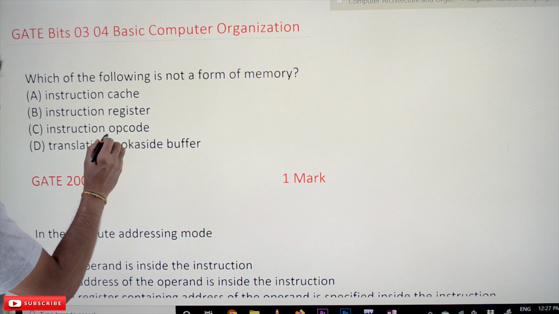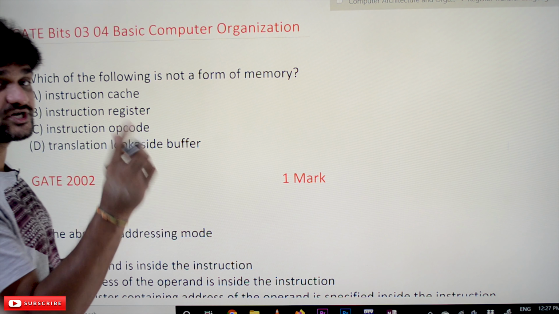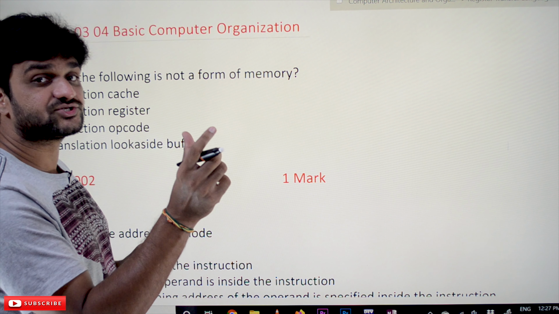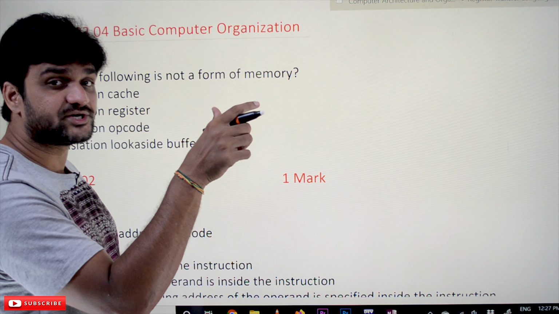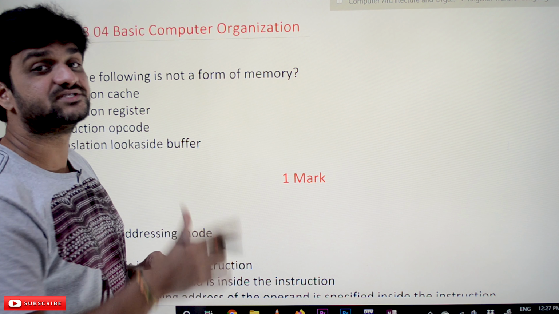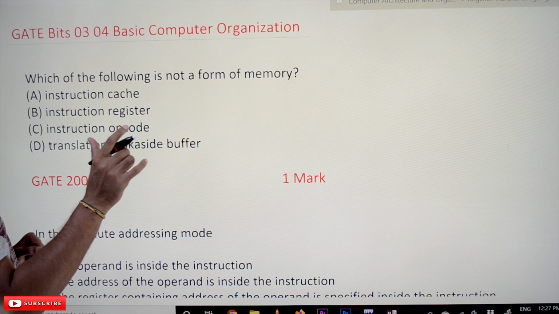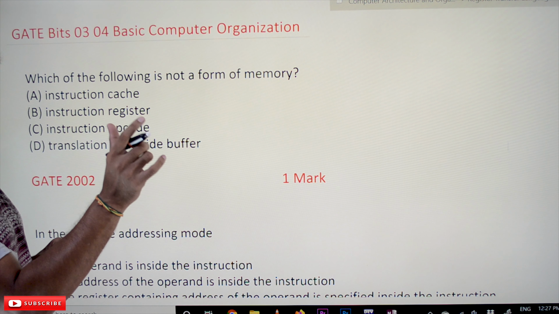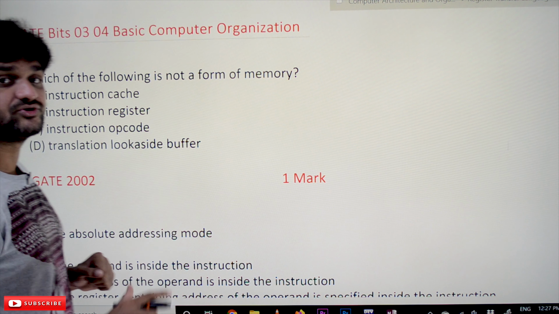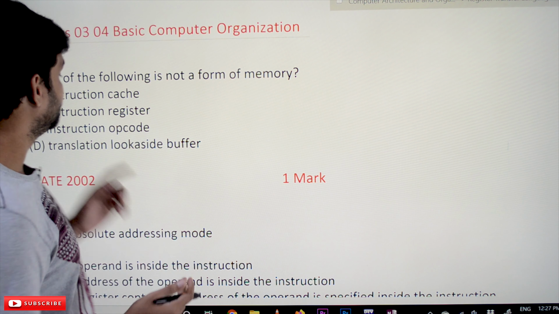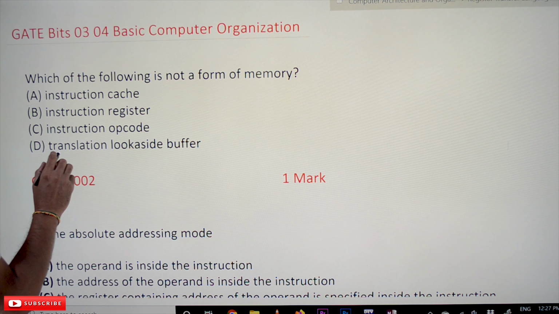Opcode in our basic computer is a 3-bit code, which gets stored in the 12th bit to 14th bit of every instruction. So opcode is not a memory, it is an operation code by which the computer decides what kind of operation has to be performed. So instruction opcode is not a memory.